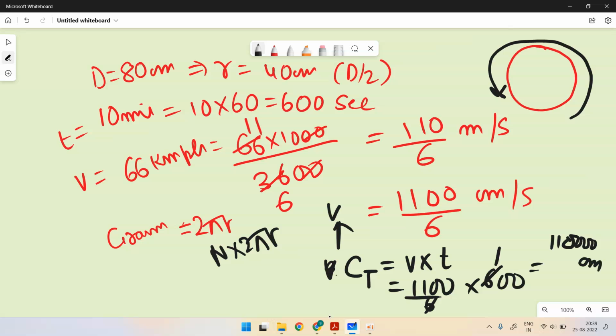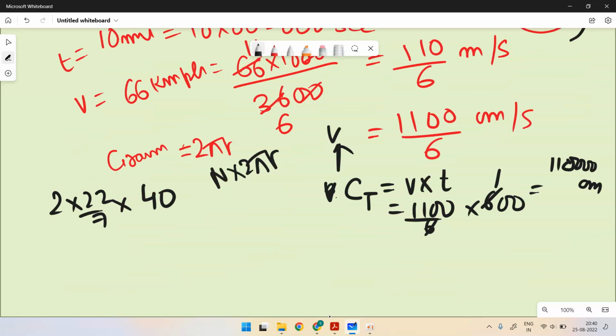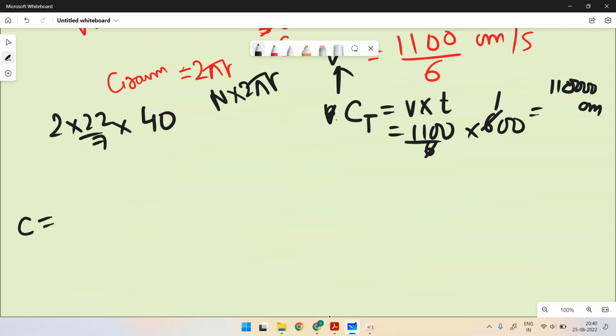Now this 2 pi r is 2 into 22 by 7, r is 40. Now suppose this is C, circumference, or you can say CIR. The circumference value is that many centimeter.